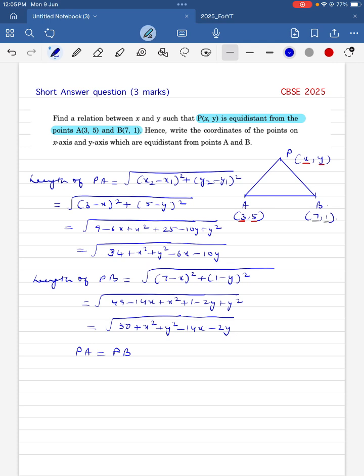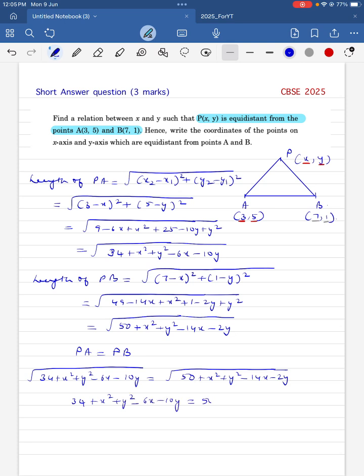So root of 34 plus x squared plus y squared minus 6x minus 10y is equal to square root of 50 plus x squared plus y squared minus 14x minus 2y. Now let's square both sides. So we would get 34 plus x squared plus y squared minus 6x minus 10y is equal to 50 plus x squared plus y squared minus 14x minus 2y.